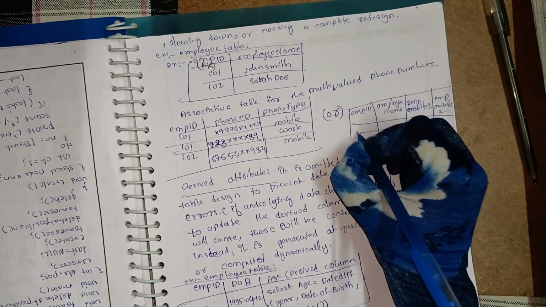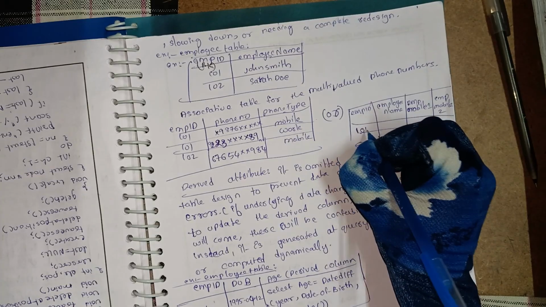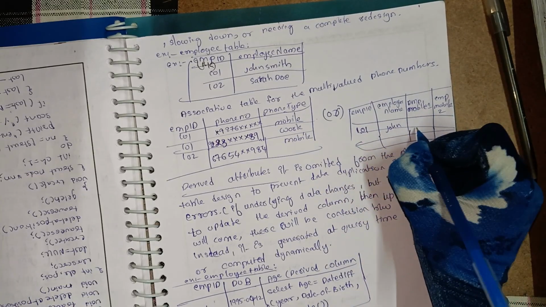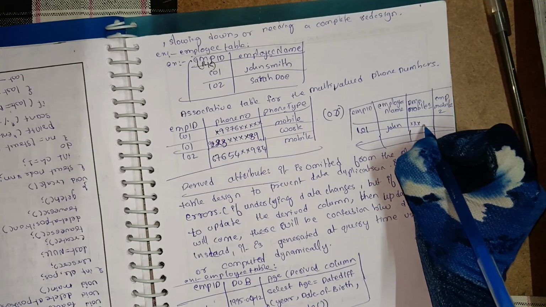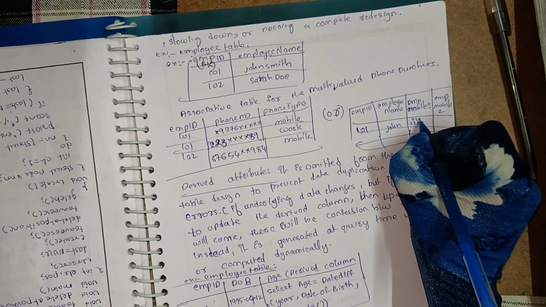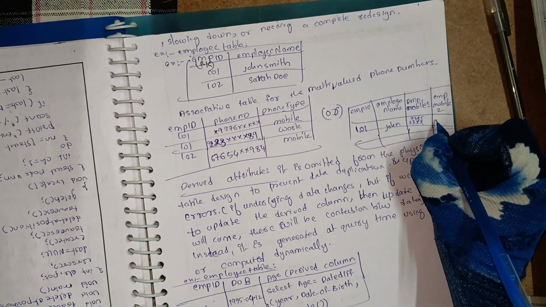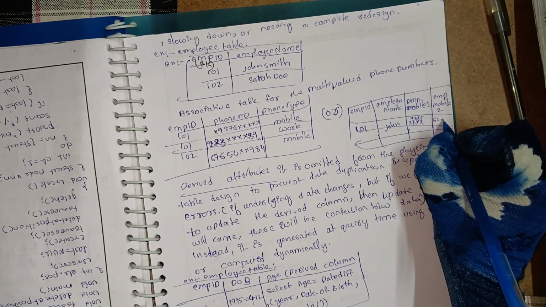So here, if the employee ID is 101 and the name is John, one mobile number will be here, 9865, anything, and another mobile number is there, 62 plus and so on.